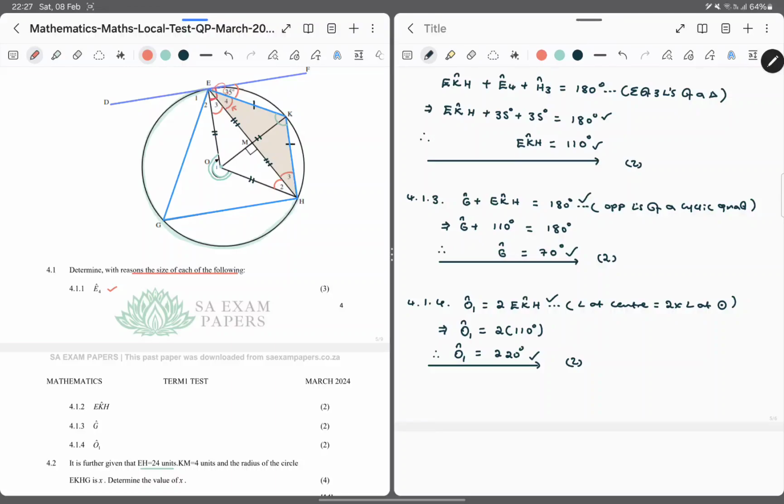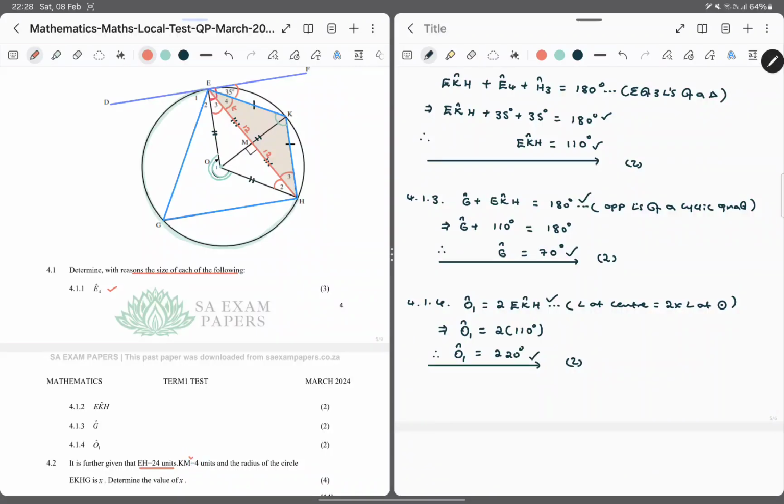So this means this length is 24 units. Now, if this is 24, knowing that a line from center perpendicular to chord will bisect the chord, it will divide into 12 units. Meaning EM is going to be 12 units, MH is going to be 12 units.